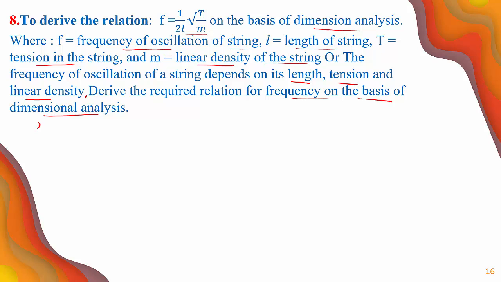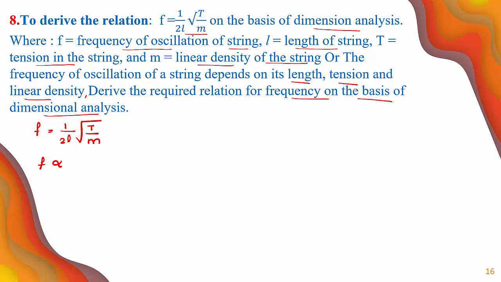So first we have to write the given equation f equal to 1 divided by 2L into root of T divided by m. Now I am going to write its proportionality equation as, first we have to write f is directly proportional to 1 divided by 2L.